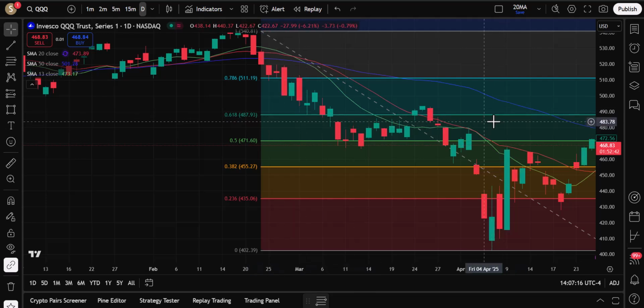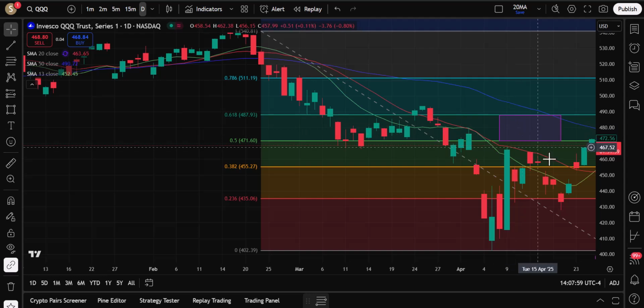In any case, this 50 to 0.618 area is a great area for a reversal of the retracement. So it's a good spot often to look for shorts. There are times when it's not. I'll go over that in one sec.